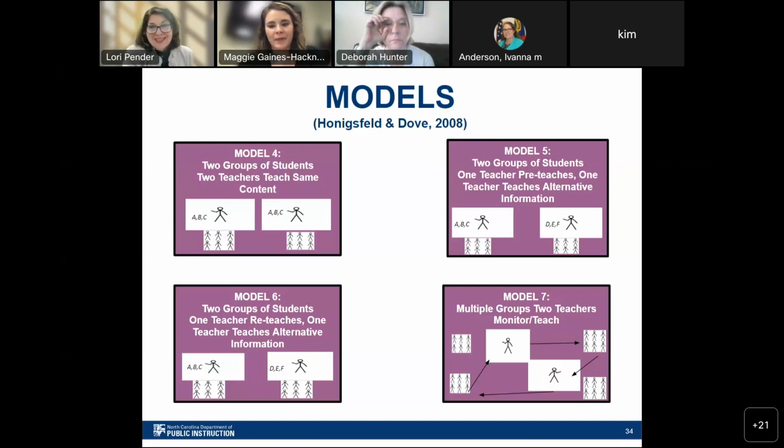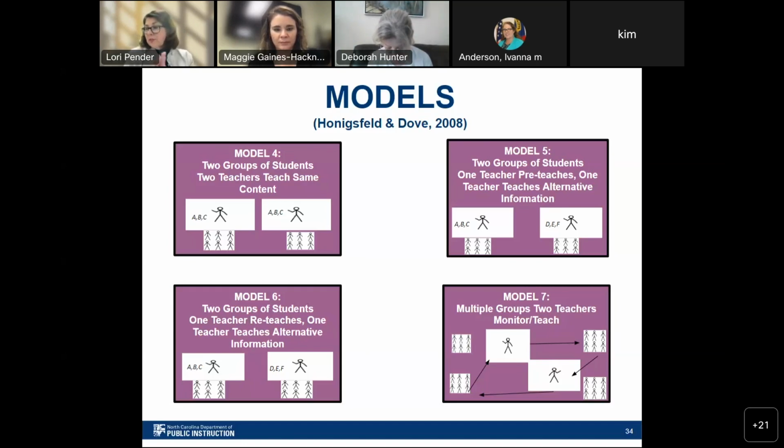We might have stations, good, but at least two or more. What about the teachers? Anything you notice about the teachers? Okay, more equal. Any other thoughts?